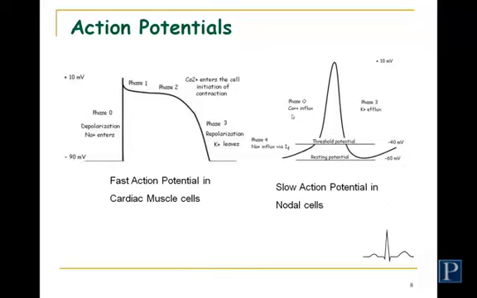The reason why is that at this membrane potential, the sodium channels are already turned off. They're already inactivated, so they do not play a role in the action potential that you see in the slow response type cells. This is because of predominantly calcium inflow into the cell. So there's a big difference between the two for phase 0.